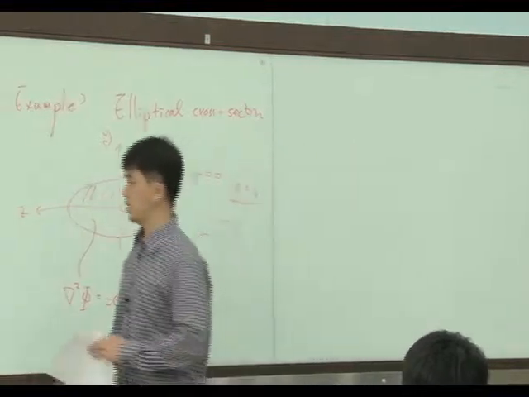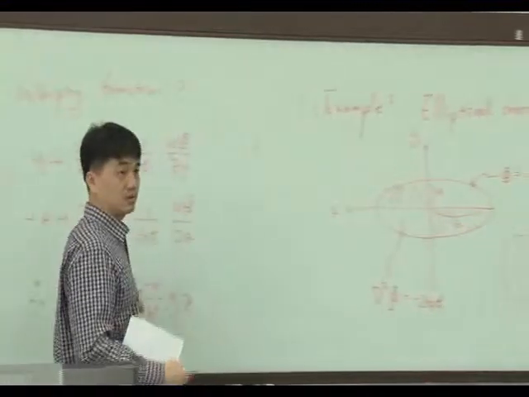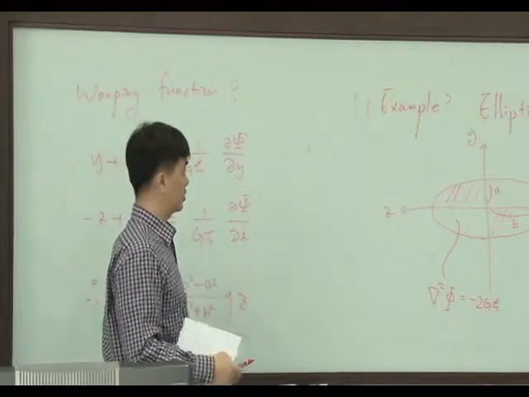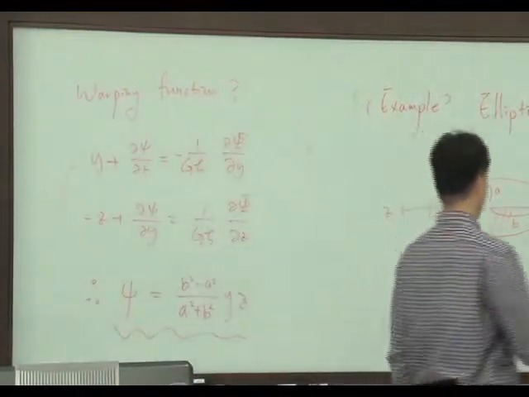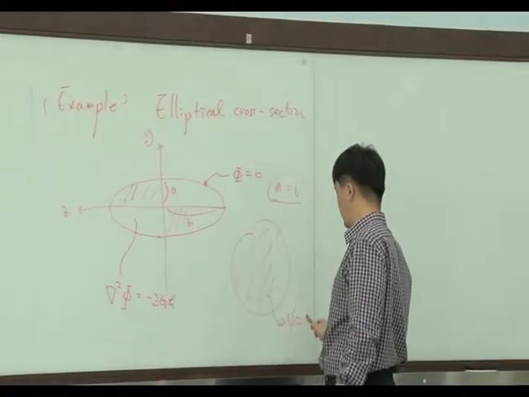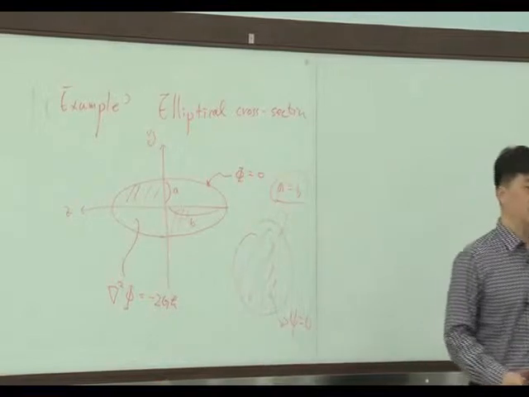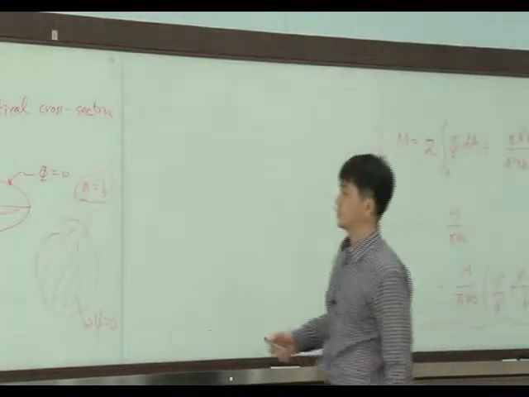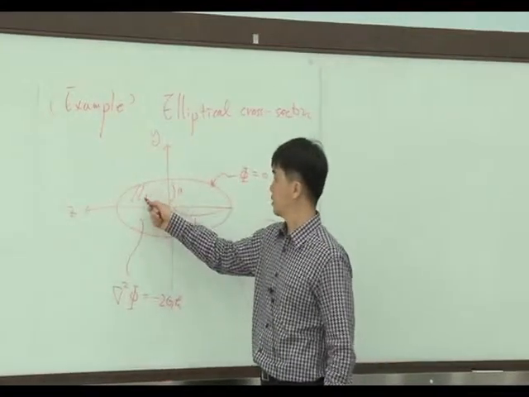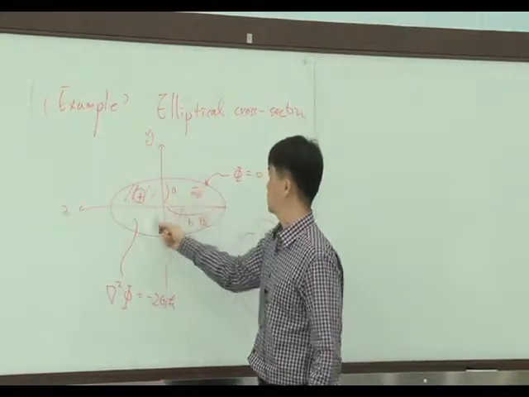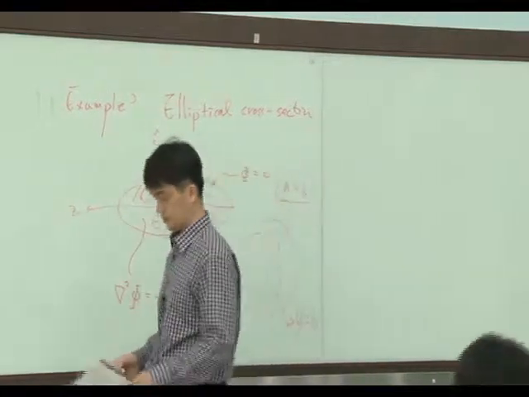So if A and B are the same, what happens? Zero, no warping. So in this case, warping becomes zero. No warping happens. Here, plus warping, plus, minus, minus.